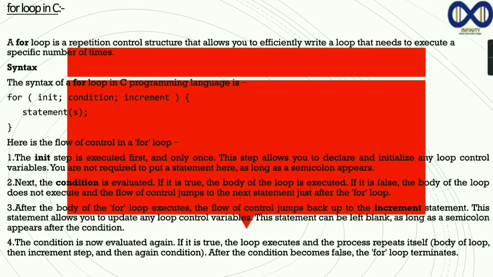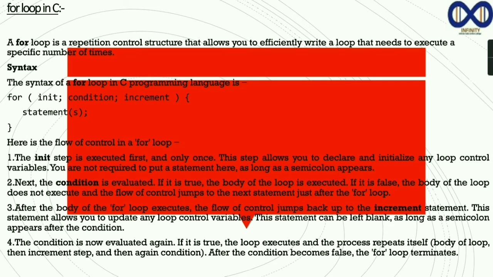The flow of control jumps to the next statement just after the for loop. After the body of the for loop executes, the flow of control jumps back up to the increment statement. This statement allows you to update any loop control variables. It can be left blank, as long as the semicolon appears after the condition.